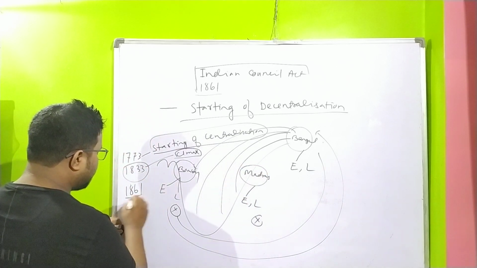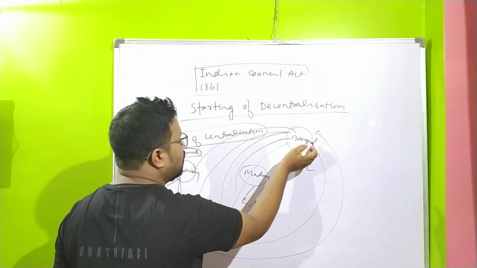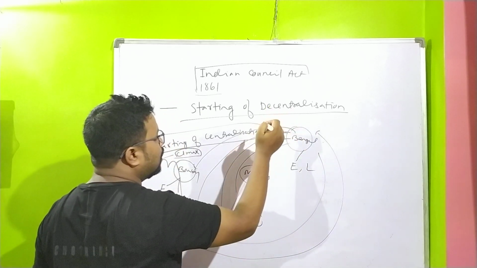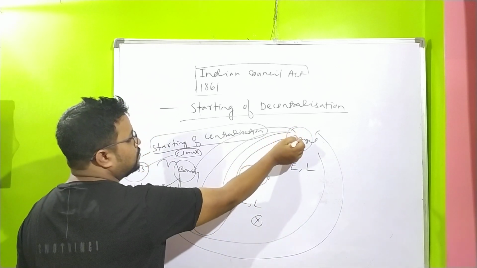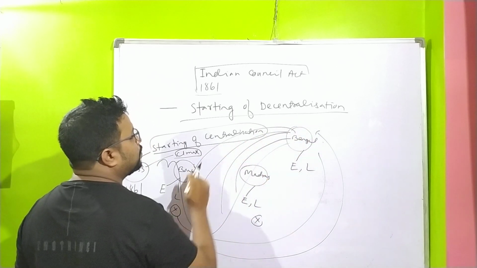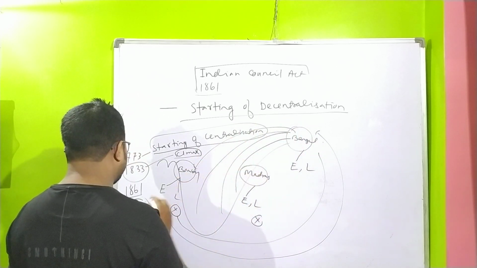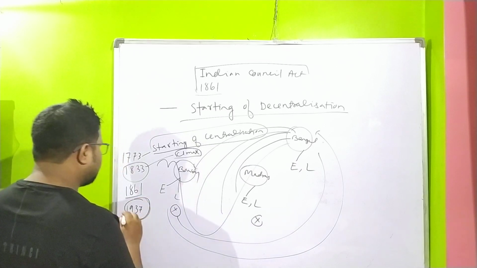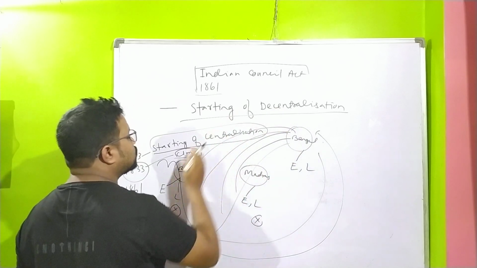And the ending of decentralization happened in 1937. In 1937, all the legislative powers which had been taken away by Bengal were completely returned to the various provinces.